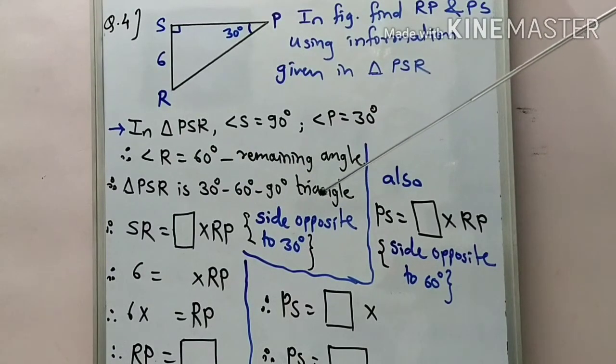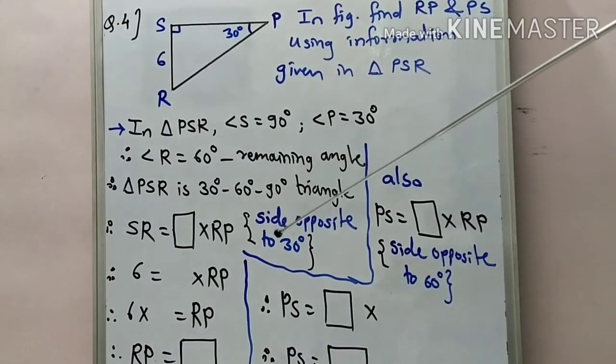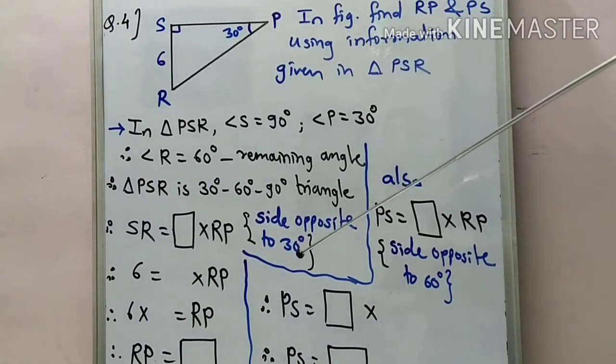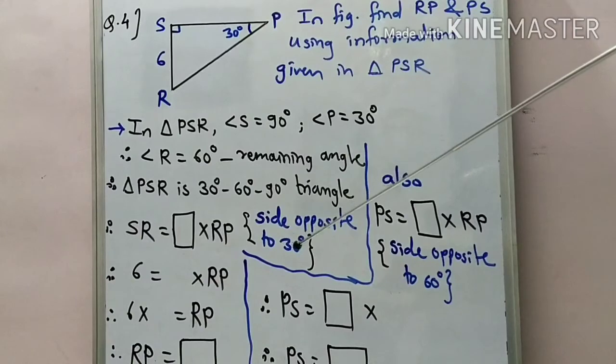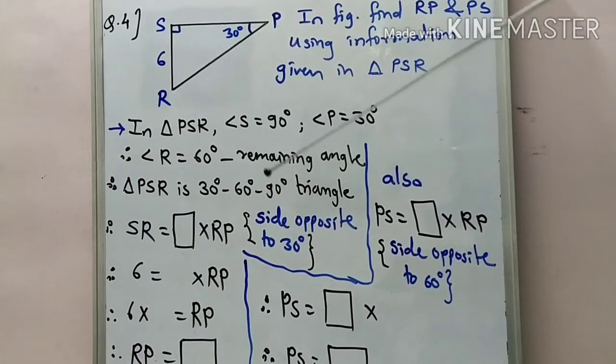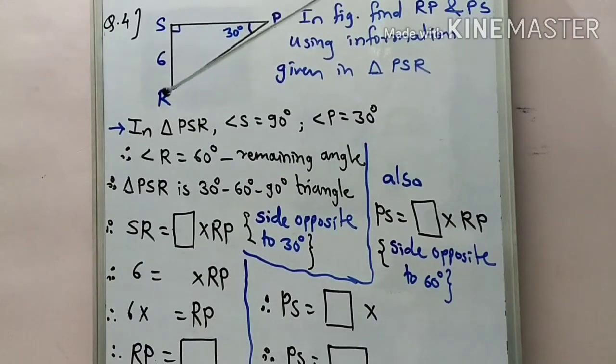And as we know the property, the side opposite to 30 degrees is half of the hypotenuse. Here you notice that SR is given, which is 6, and it is opposite to 30 degrees.